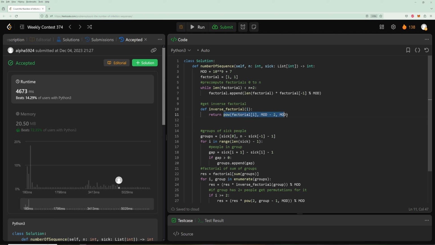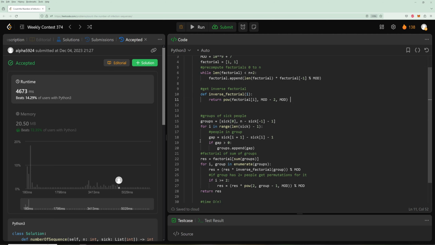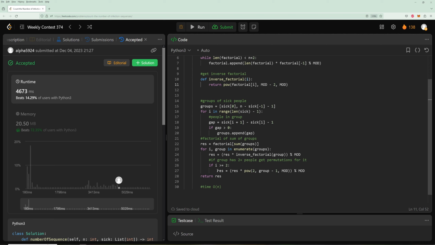This power might be a little bit optimized, but I think realistically it's logarithmic. But people just say it's O of 1, so we'll just call it O of 1. So essentially, we are going through every single one of our people, so that's O of n. And then for every single one of our people, we are just adding into the group. And then once we go through the group, this is all just, well, let's call it linear time. You might argue n log n, like I said, because this power is technically, I believe, logarithmic. Yeah, so to add people to the group is O of n, and then to go through the groups is also O of n. So it's just O of n total.